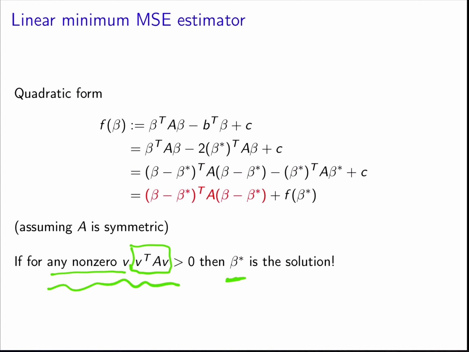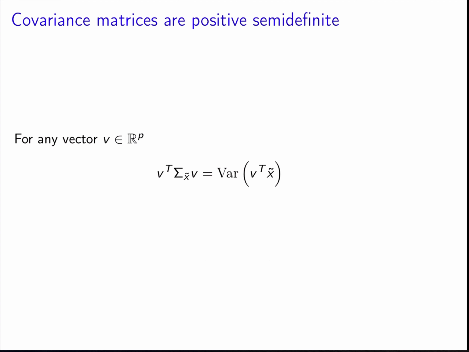This property is called being positive definite in mathematics, and it turns out that covariance matrices are positive definite because v transpose times the covariance times v is just equal to the variance of v transpose x. And variances are always non-negative.